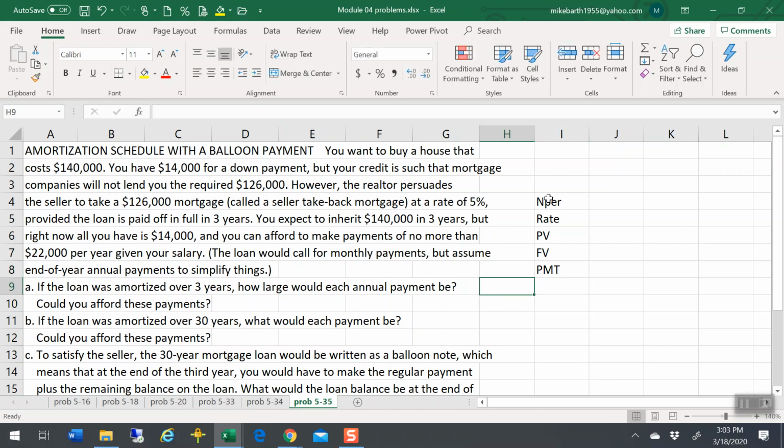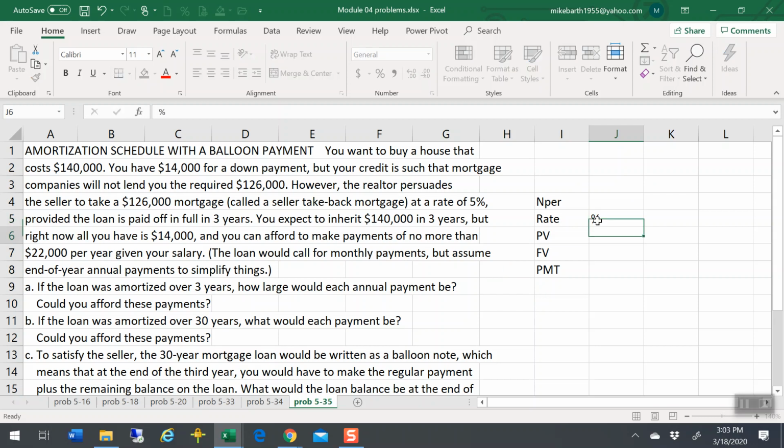All right, if the loan is amortized over 3 years, how much must the loan payments be? What it's saying is that the seller will take a $126,000 mortgage. You're going to pay $14,000 down, and the mortgage is at a rate of 5%.